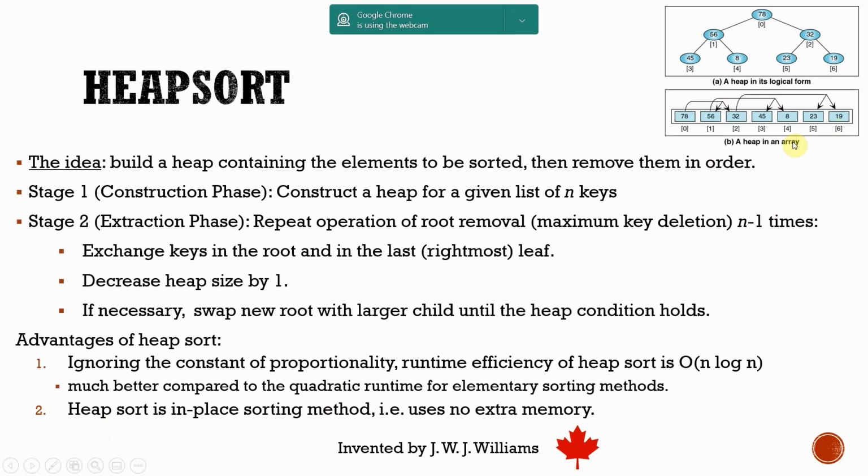It means that we don't need extra memory space, like what we had in merge sort. This algorithm was invented by John Williams, a Canadian scientist, back in the 1960s or 70s. So that's another advantage of this algorithm, I guess, for us.